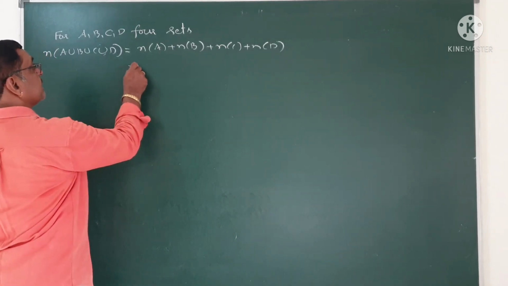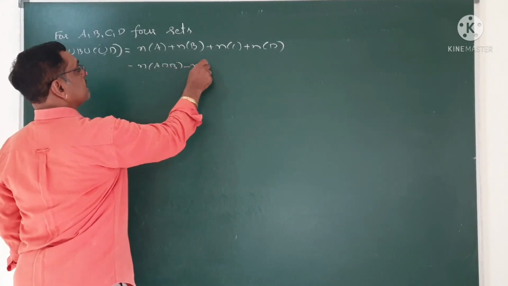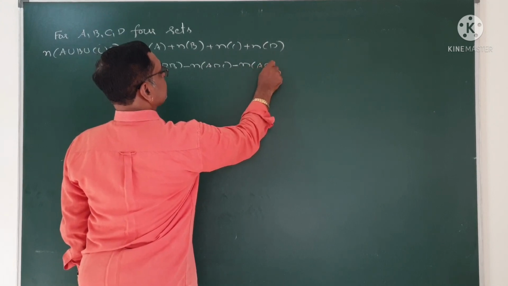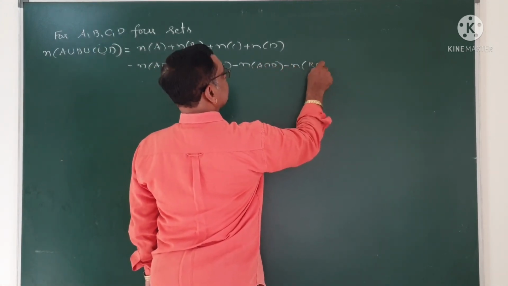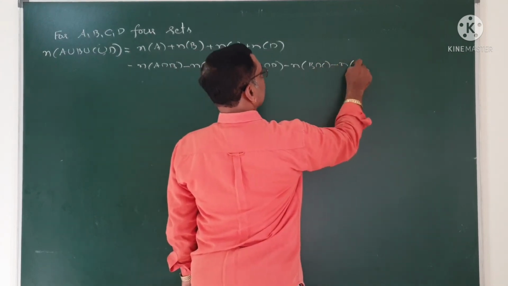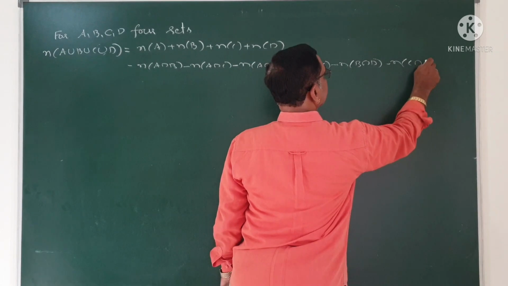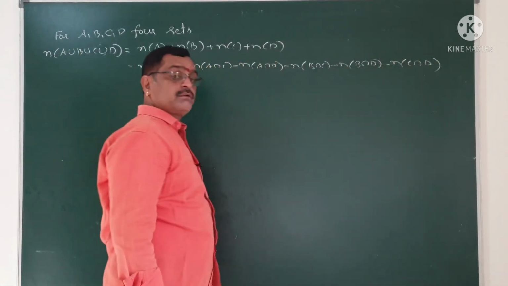That means take n of A intersection B, minus n of A intersection C, minus n of A intersection D, minus n of B intersection C, minus n of B intersection D, minus n of C intersection D. How many are there? 1, 2, 3, 4, 5, 6. All are subtracted.